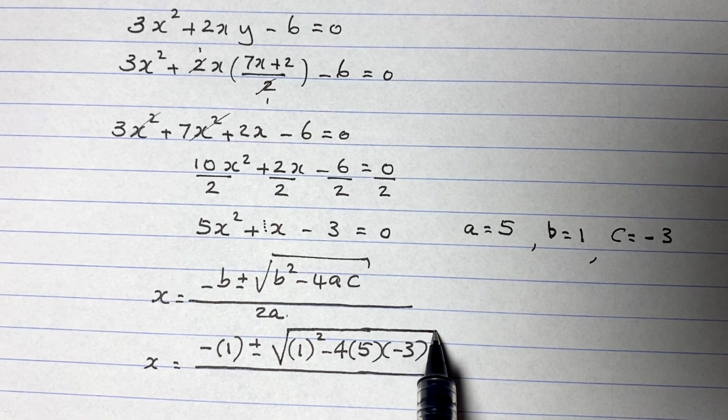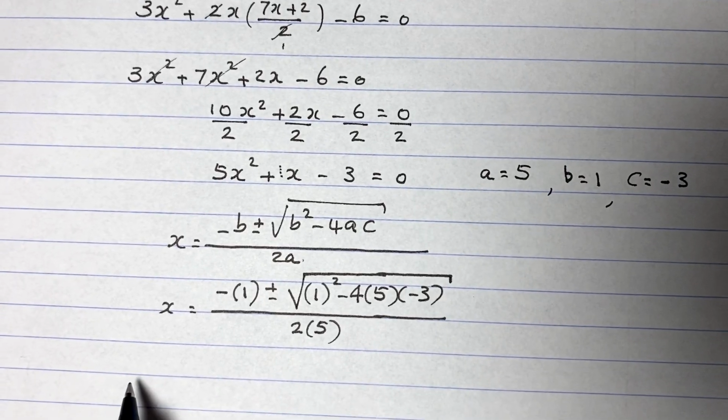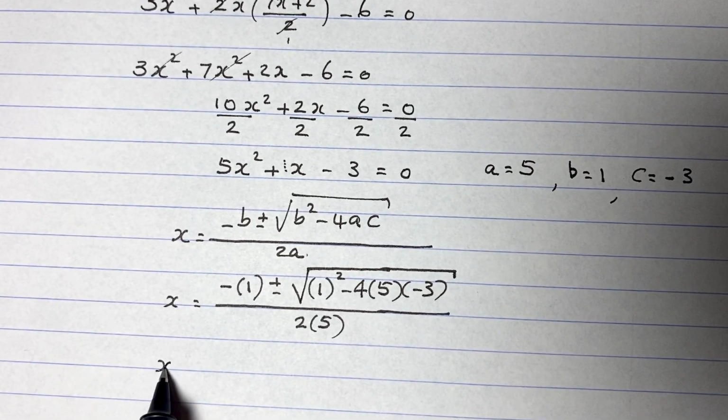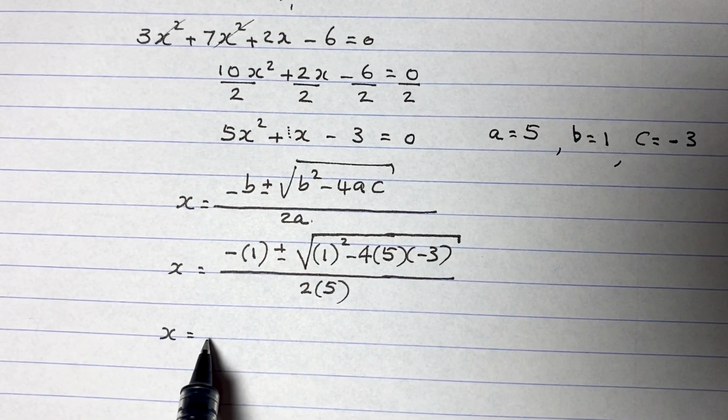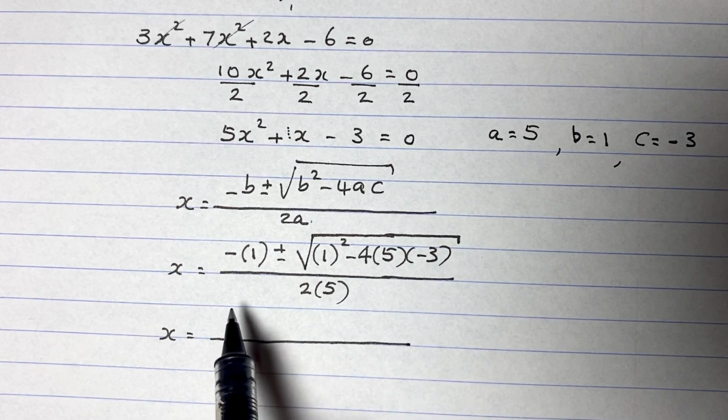Make sure your square root covers everything, over 2a, which is 2 lots of 5. Now I can go directly into the calculator or make it a bit simpler before I give it to the calculator. You don't have to simplify.